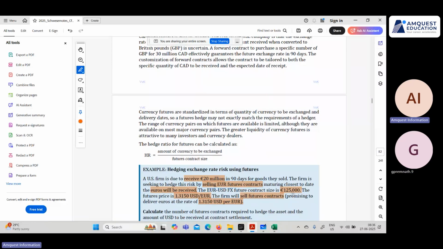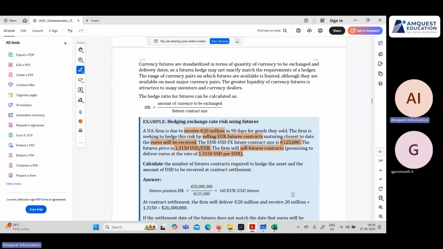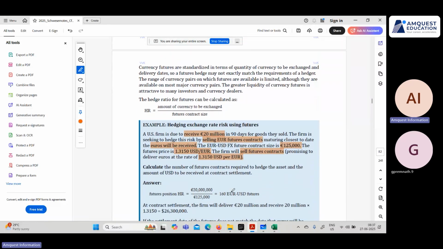So basically he is going short. Basically he is going to sell 160 contracts, 160 futures, so that he can hedge the position.